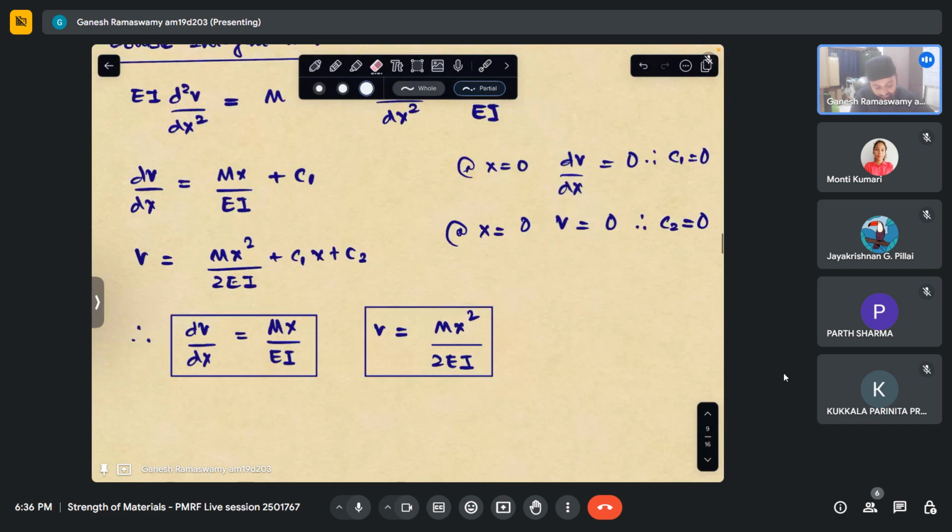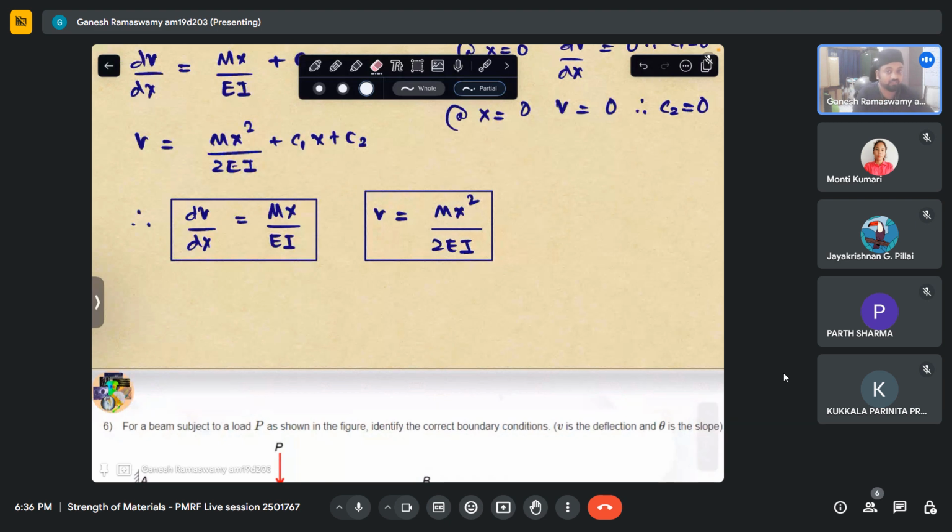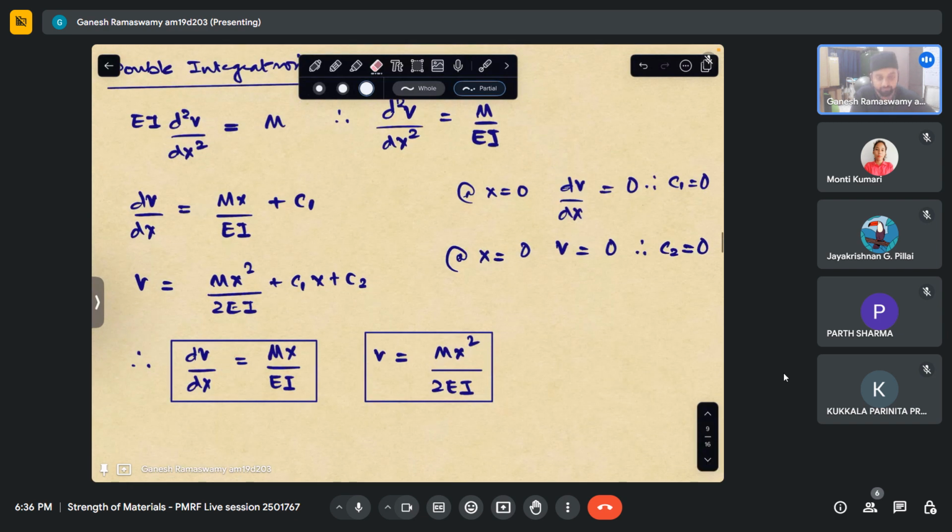Whereas double integration method directly gives us one general expression. But during integration, again, if the curve is very simple to find the area, then moment area method is much easier if we get a grasp of that.